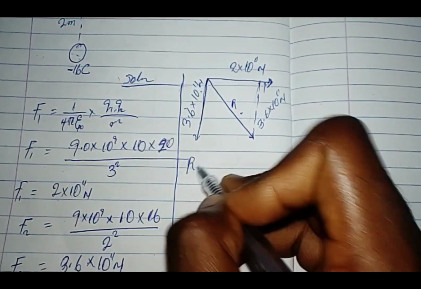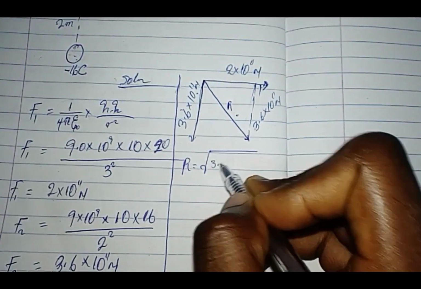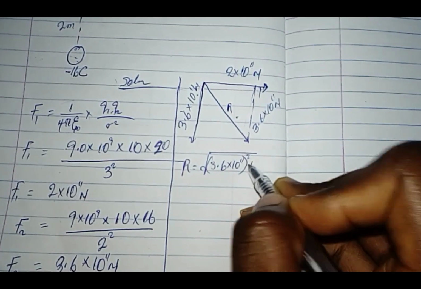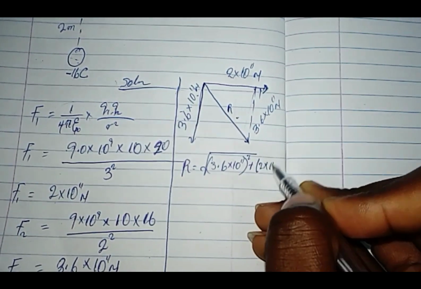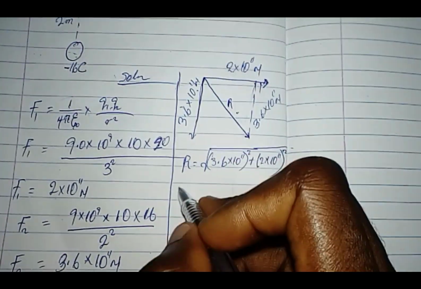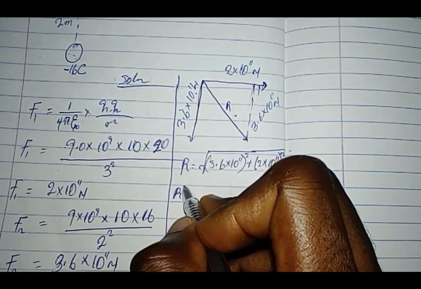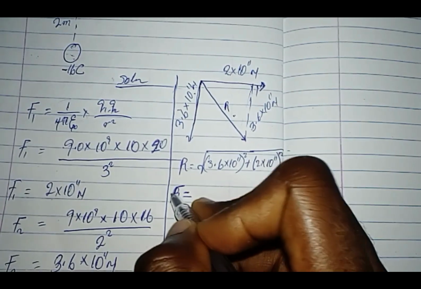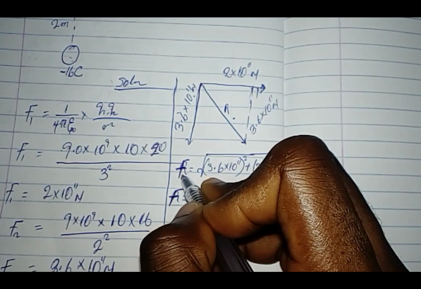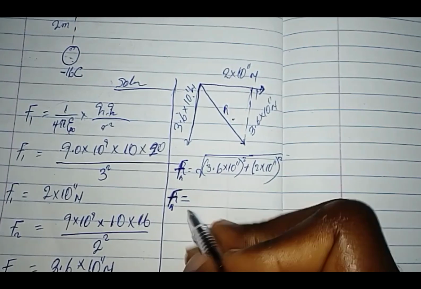So our resultant force F is equal to the square root of 3.6 times 10 raised to the power of 11 squared plus 2 times 10 raised to the power of 11 squared.